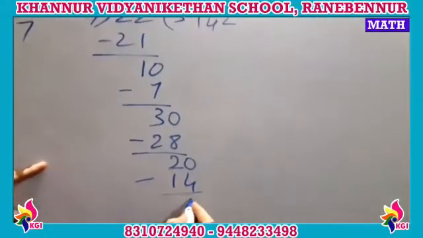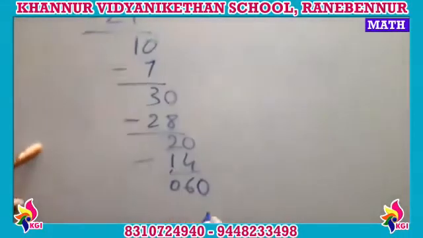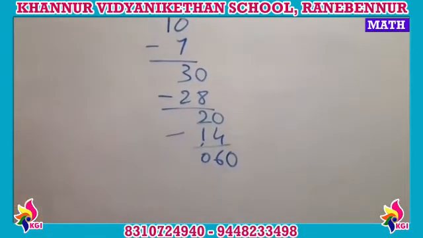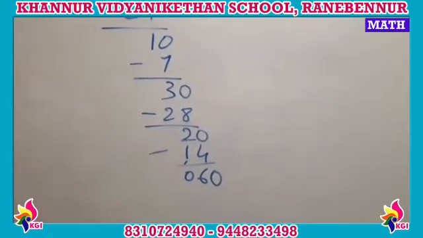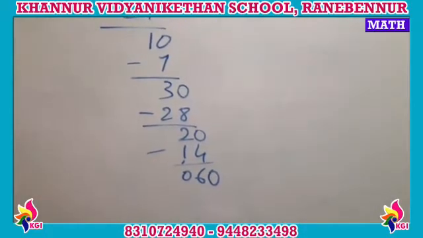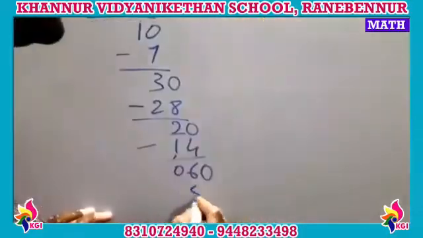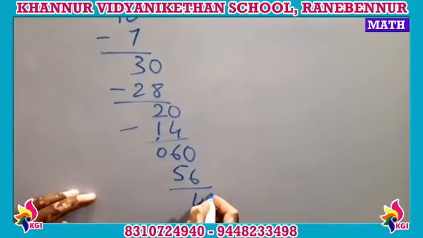Remained with 6, correct? So take a 0. Then 7 how much? 7 8s are 56. Remained with 4. Then again you take a 0.